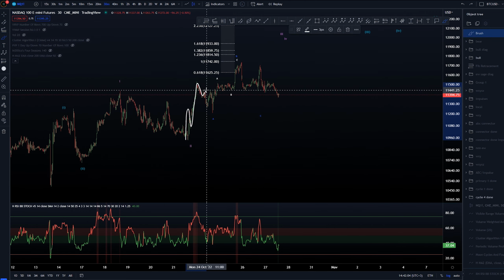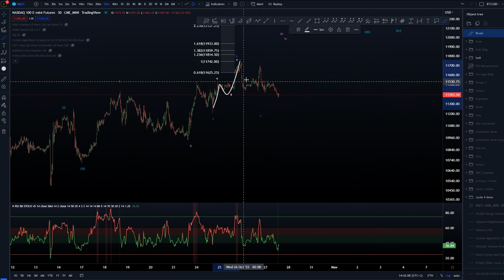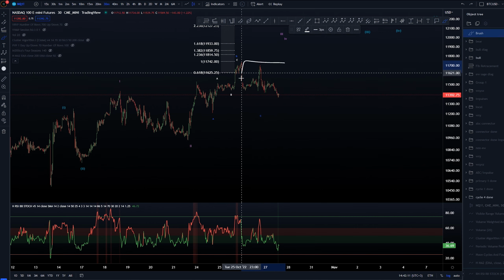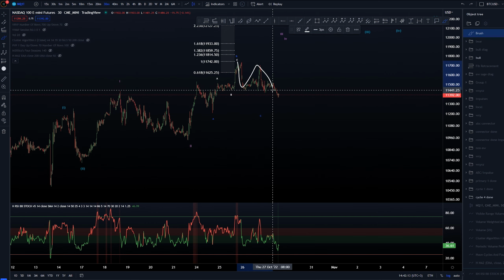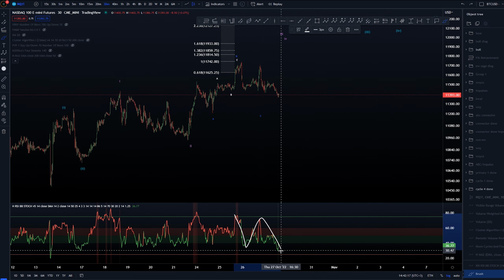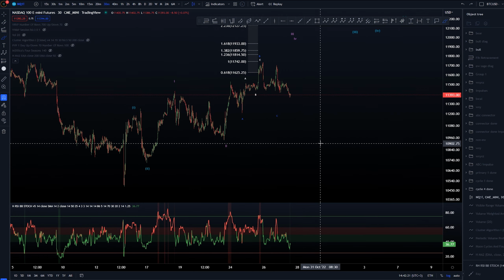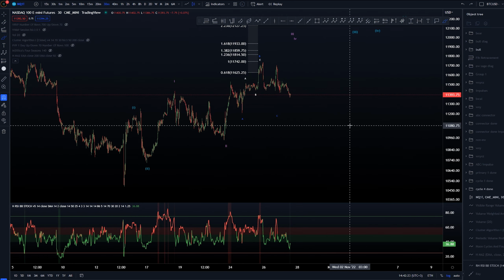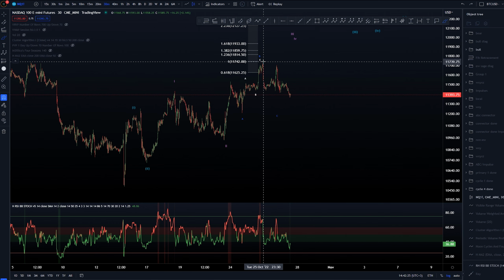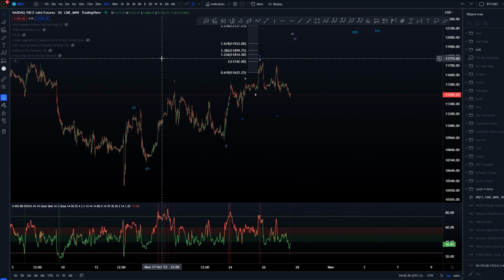So we would have three-way structure, three ways back, three ways up, and then that's it. We've now had a very sideways structure here, and now we seem to be accelerating a bit downwards. This definitely feels like it is one move, but I'm not quite sure what it is part of, at least as of yet. So it is not very clear. That's why I don't really like this bullish count anymore at all.